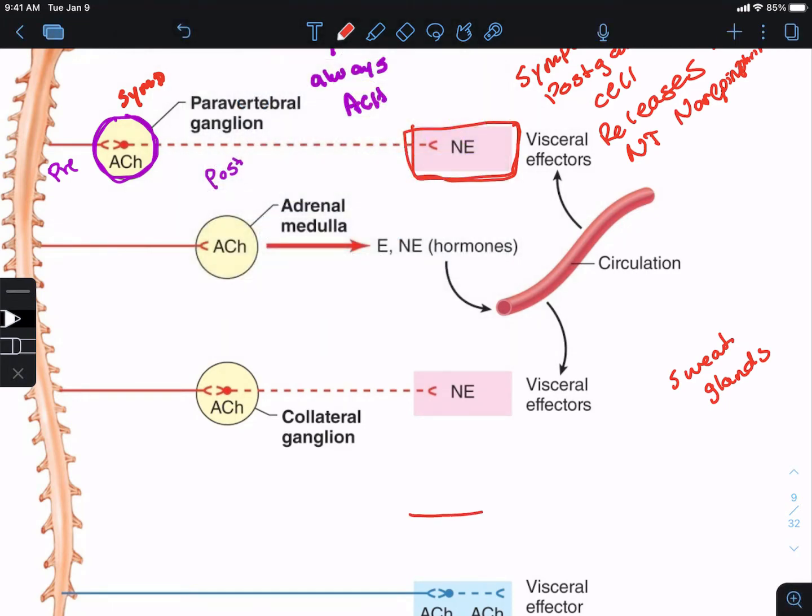So we'll just sketch in a preganglionic neuron axon, and it's going to synapse with the postganglionic neuron. And the neurotransmitter that is released right here is acetylcholine. So even though it's sympathetic, at the sweat glands it releases acetylcholine. But most of the time it's norepinephrine.